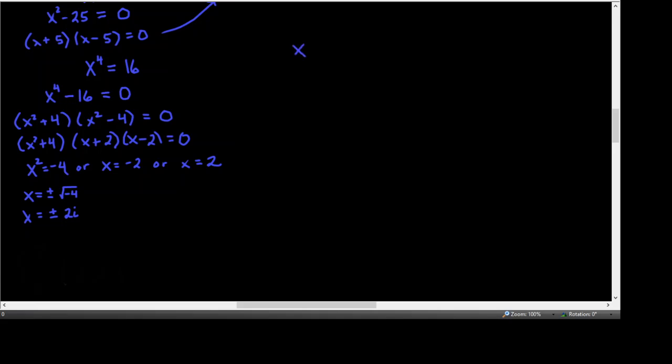Well, let's see. We had x cubed equals 8. Subtract 8 from both sides and factor. And of course, you all learned how to factor a difference of two cubes, right?